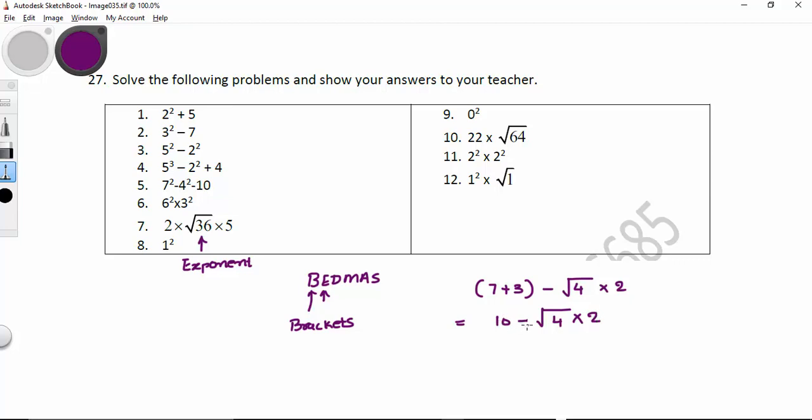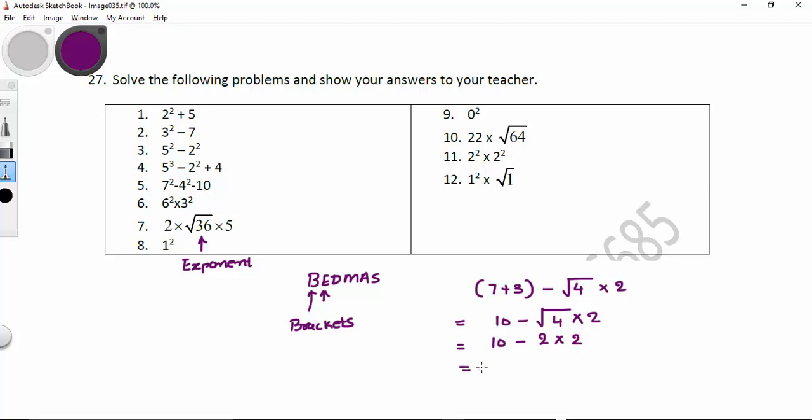Now I have negative sign, I have multiplication sign, and I have an exponent here. So I have to now solve this part. So that is equal to 10 minus square root of 4 is 2 times 2.